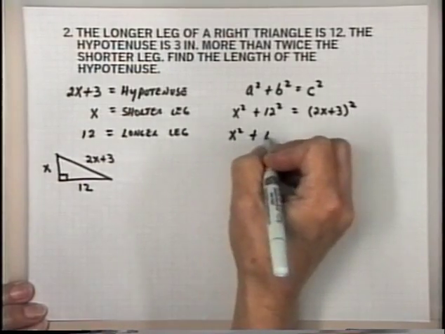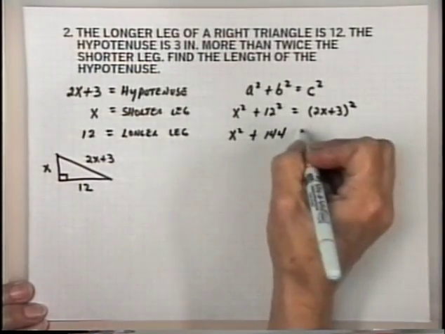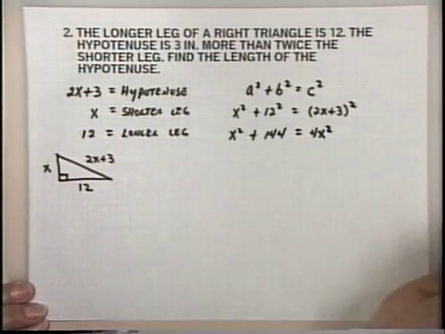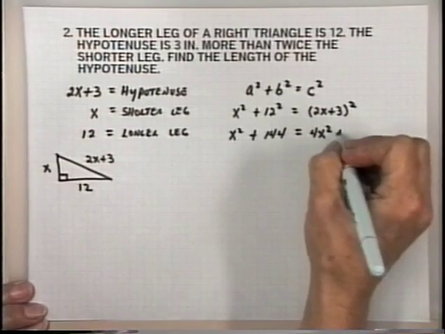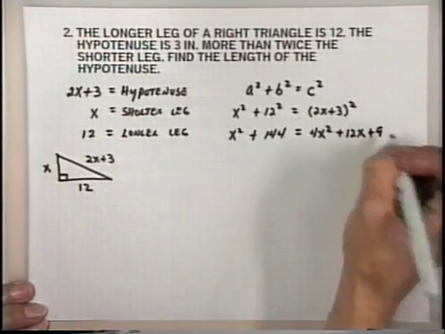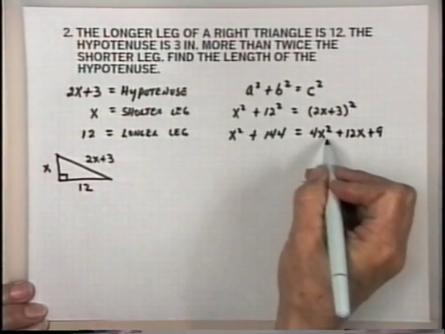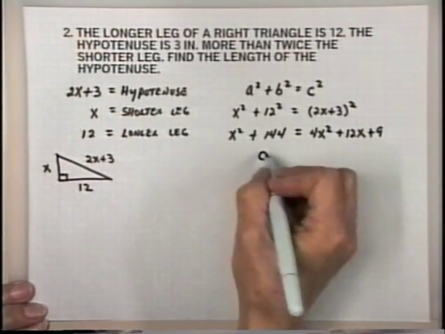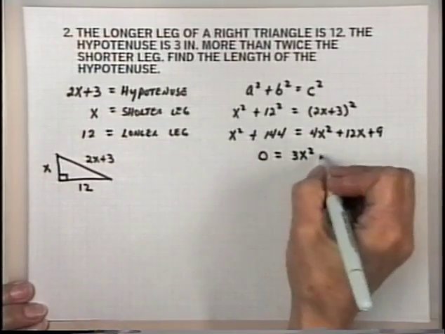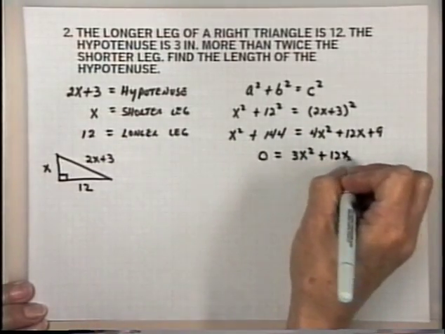X squared plus 144 equals, squaring 2x, I have 4x squared. 3 times 2x is 6x. If I double that, I have a plus 12x. And squaring 3, I have a 9. I'll get my standard form over here. 0 equals 3x squared plus 12x.